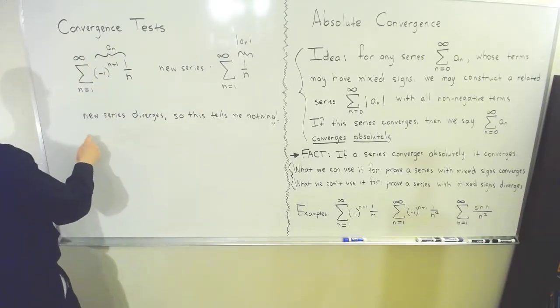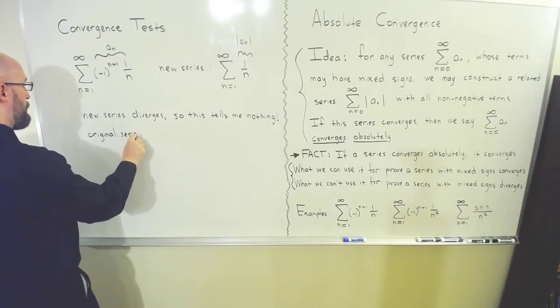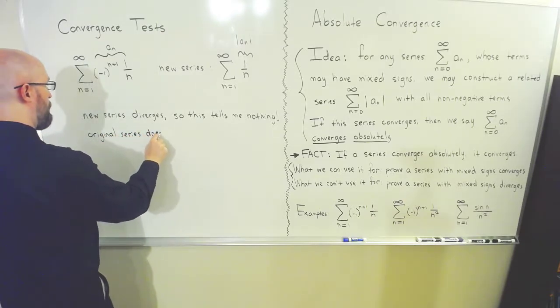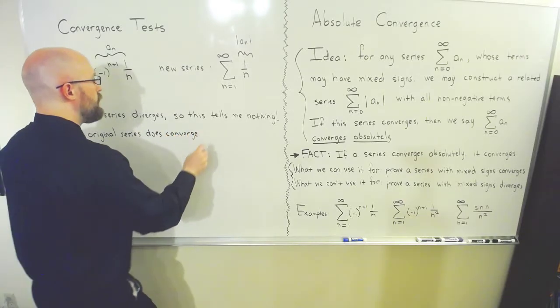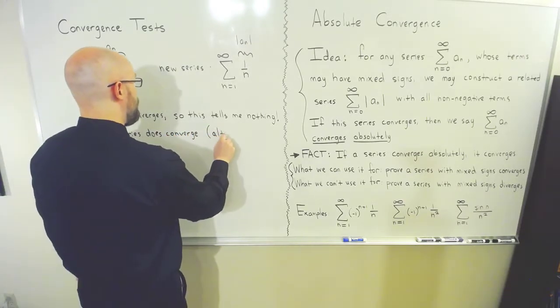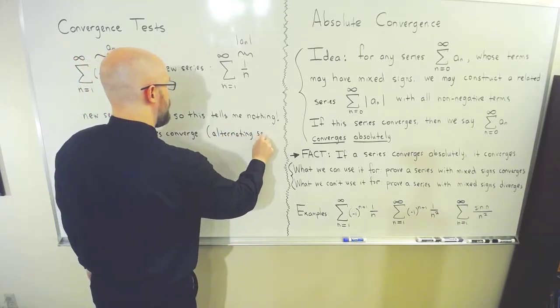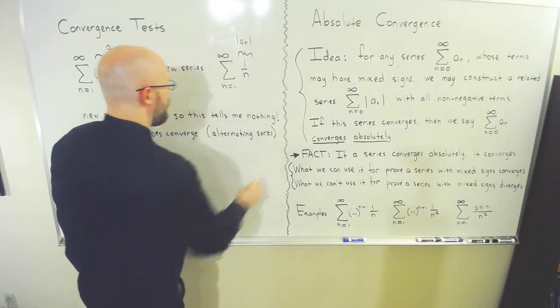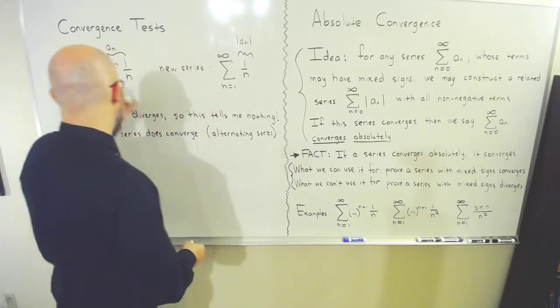Now, it turns out that the original series did converge. And it's an alternating series, and so you can use, if you want, an alternating series test for this. The hypotheses of the alternating series test are satisfied in this case.